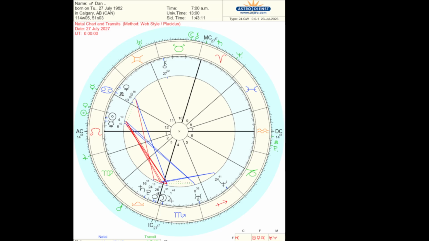Yes. My chart really frustrates me because I've got all of my planets on the eastern or left side of my chart, except for my Moon, which is directly on my descendant.